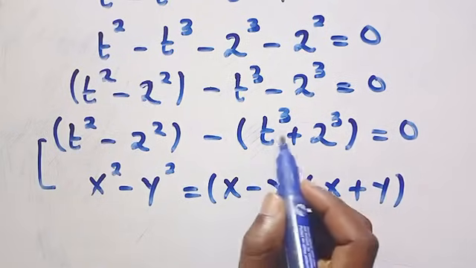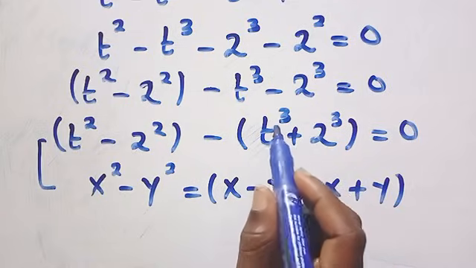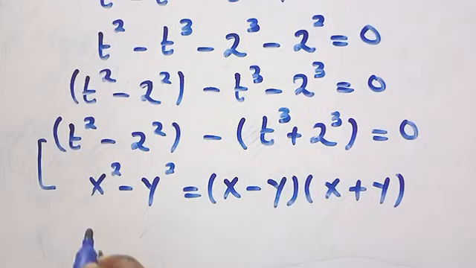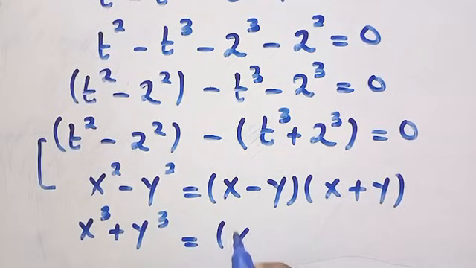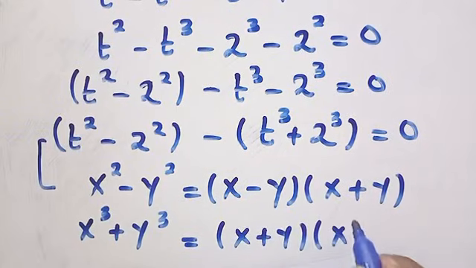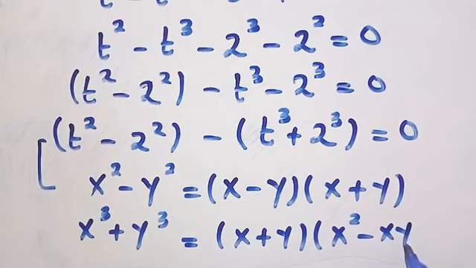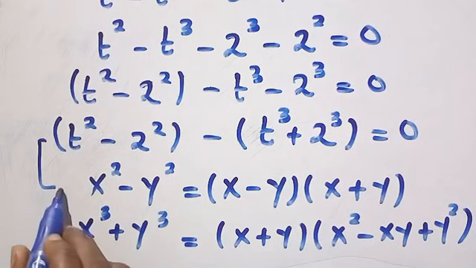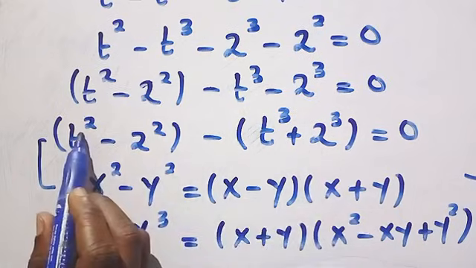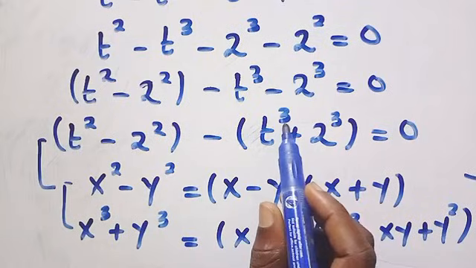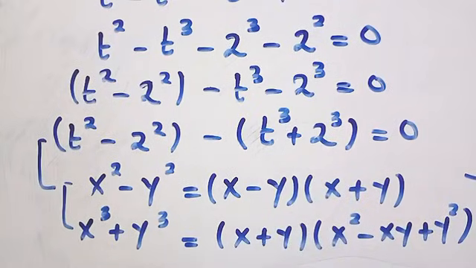And here we have sum of two cubes, t power 3 plus 2 power 3, the same as when we have x power 3 plus y power 3 equals x plus y, then multiplied by x squared minus xy plus y squared. So here are the two things that we are going to be applying for these two expressions: t squared minus 2 squared and t cubed plus 2 cubed.